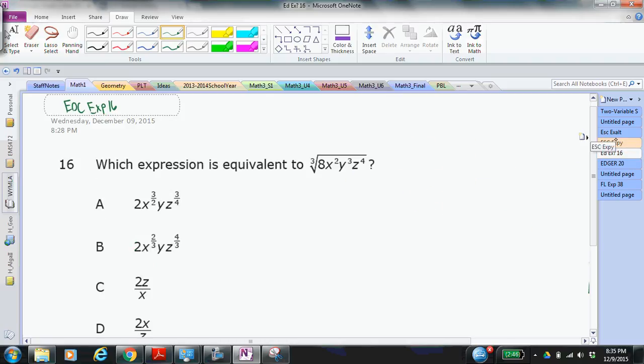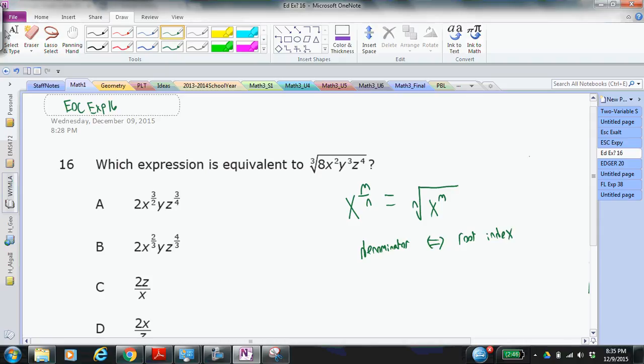Alright, number 16, this is what we talked about yesterday in your math toolkit. Turn to the back side, the last exponent rule, which is the radical exponent rule. So we have x to the m over n equals the nth root of x to the m. In other words, the denominator becomes the root index for the number in front of the radical.